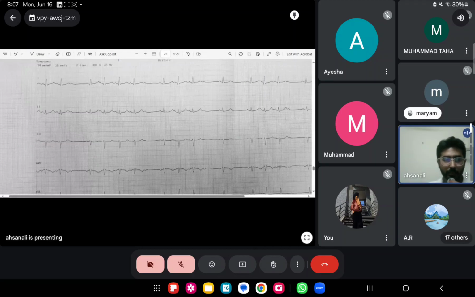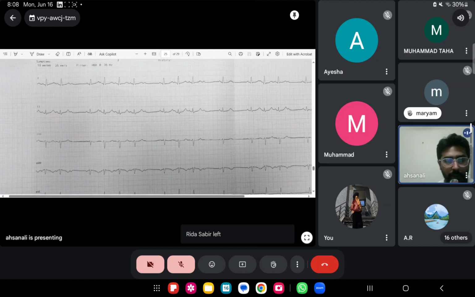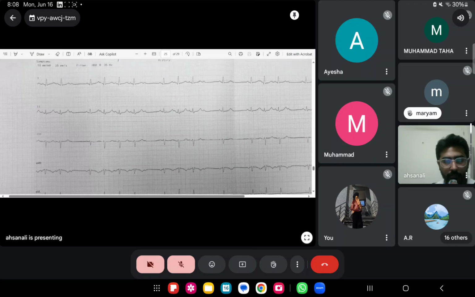Sinus rhythm basically means the SA node is firing, and the normal electrical activity is coming from the SA node. Would anyone like to comment whether we have a sinus rhythm or not? Okay, this is sinus rhythm.